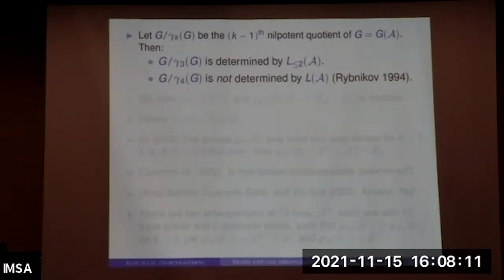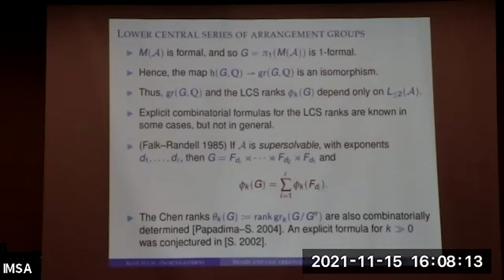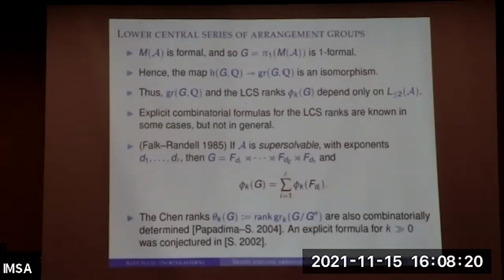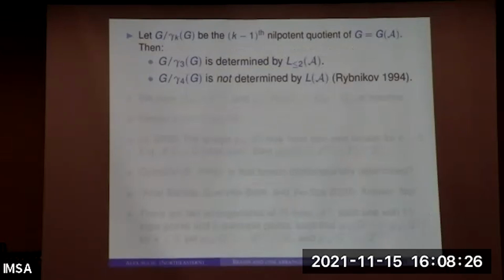Now, another thing you can do is this lower central series quotient, with this lower central series iteration of the group. You can take the quotient of G itself with gamma k. Okay, so these are called the nilpotent quotients. These are nilpotent groups like G mod gamma 2, that's just abelianization, it's a one-step nilpotent.